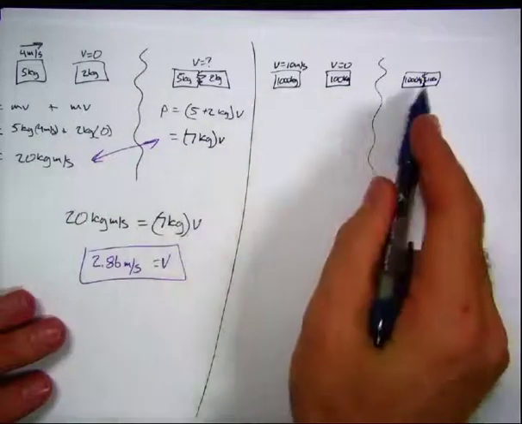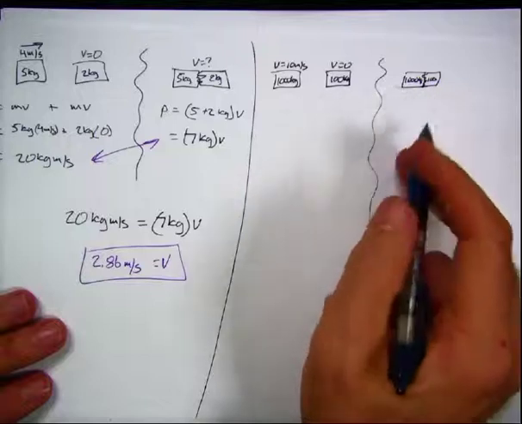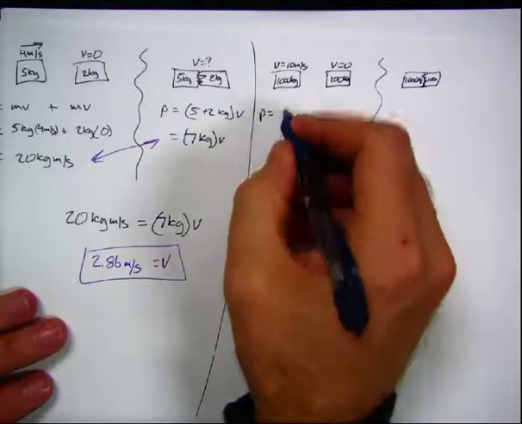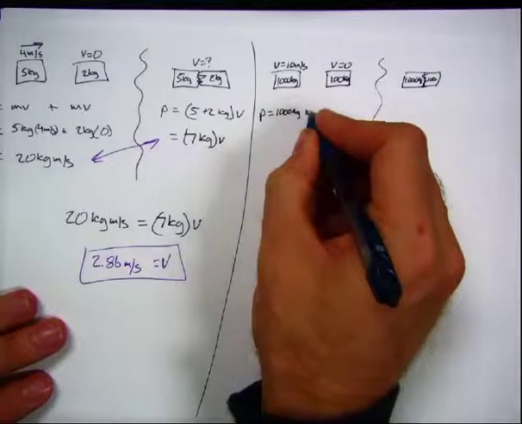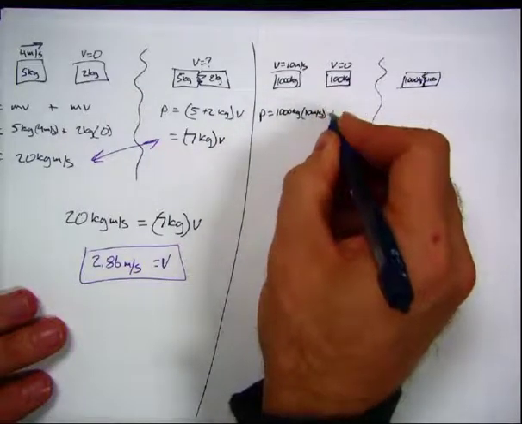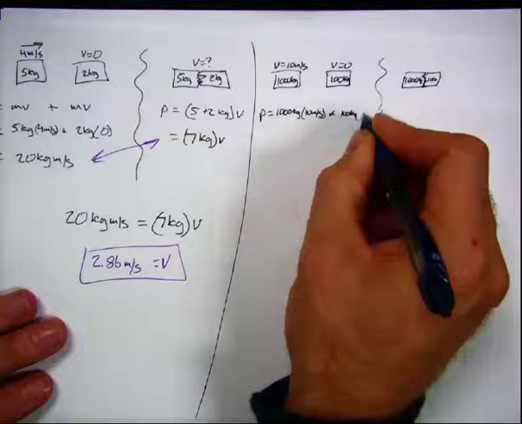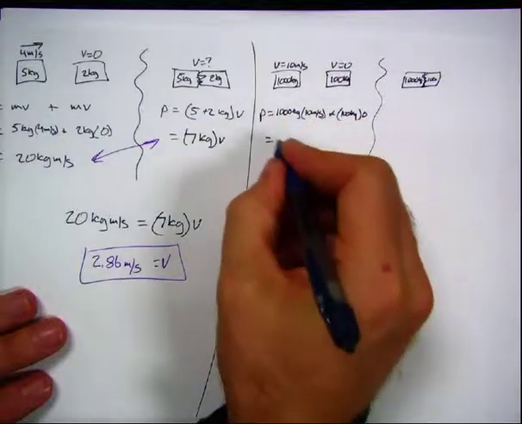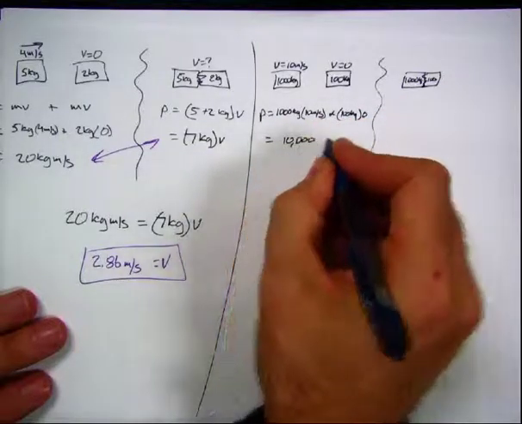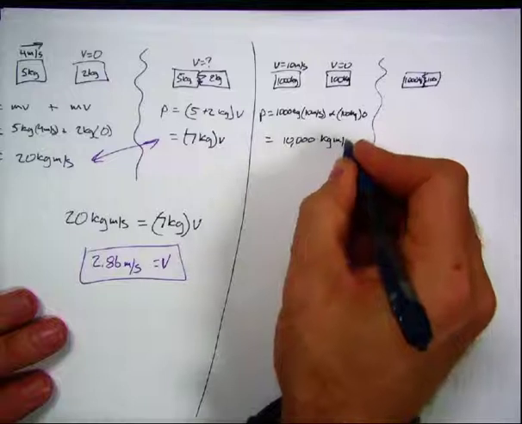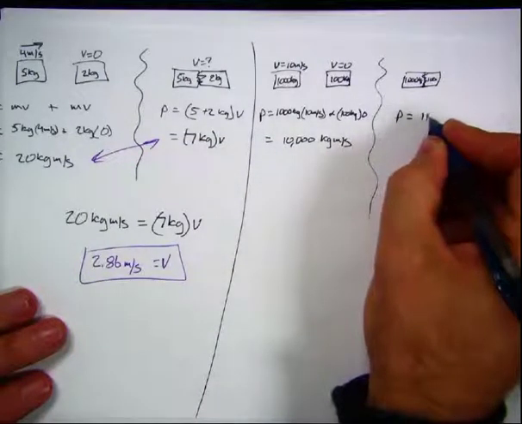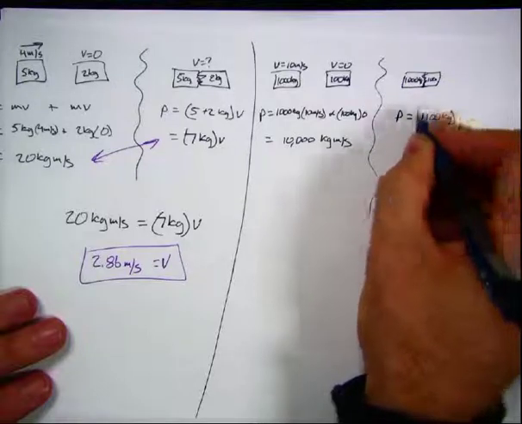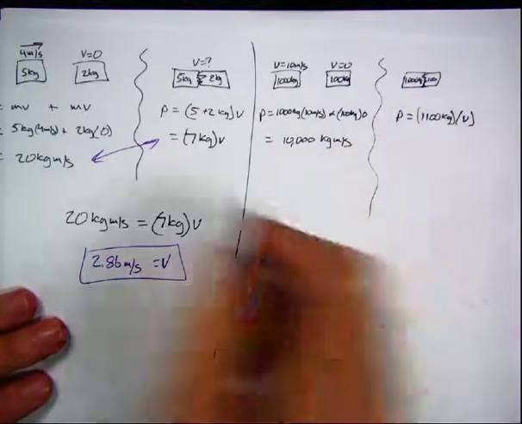What's going to be the change of velocity as we do this momentum transfer? Momentum is mass times velocity, 1,000 kilograms times 10 meters per second, plus 100 kilograms times 0. So we're going to end up with 10,000 kilogram meters per second. And over here we're going to end up with momentum of 1,100 kilograms times some unknown velocity.